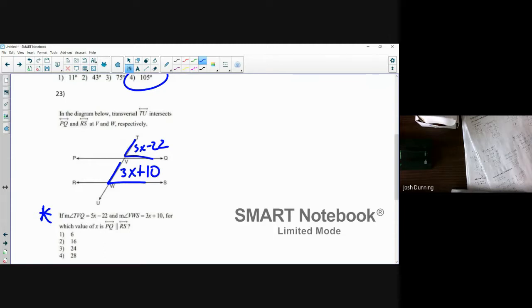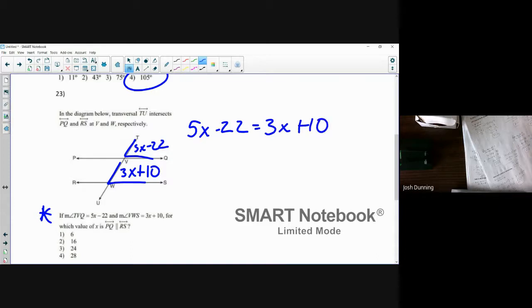Which value of x makes PQ and RS parallel? Well, we know if those are parallel lines, the 2 angles we have should be corresponding. So they should be equal. If they're equal, that means those 2 lines are parallel. So we'll set them equal.